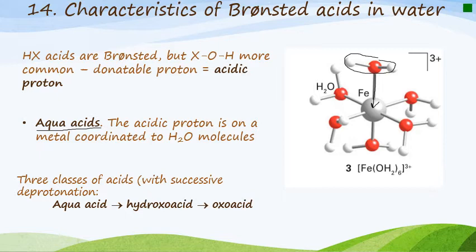We're going to see that there's three classes of acids, and the first one that we've dealt with is the aqua acid. We then get the hydroxo acid, and then finally we get the oxo acid.